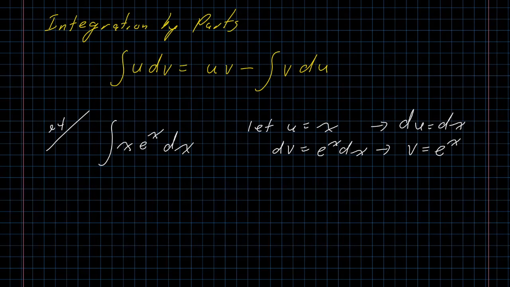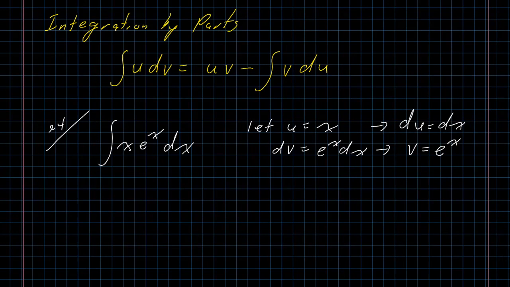We could have tried to set this up the other way. Let u equal e to the x and let dv equal x dx. If we had done that, we would end up with a much more complicated thing at the end, which is a sign that we did things backwards.